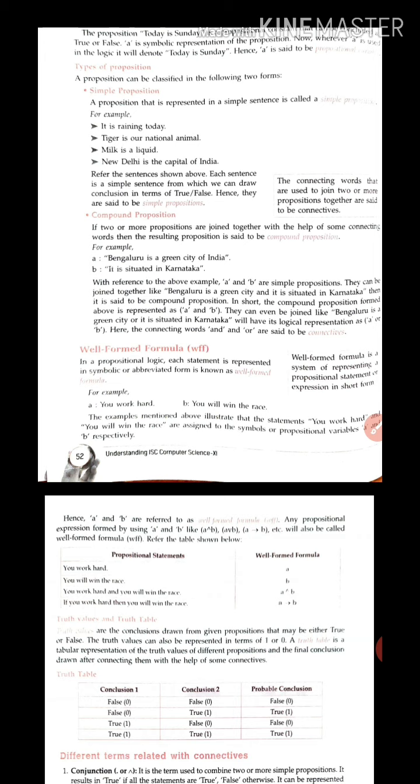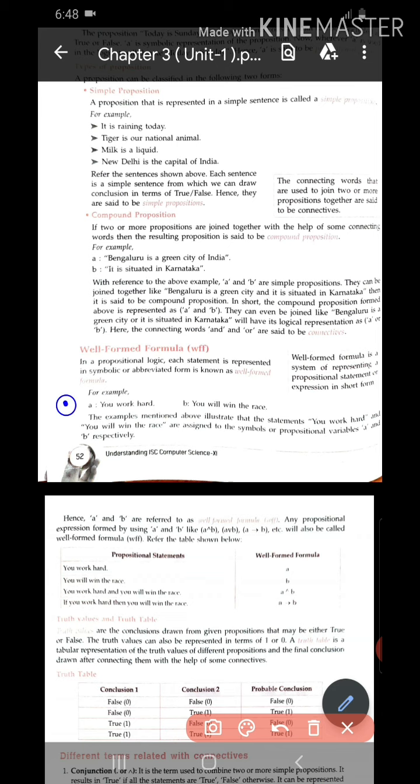If we are writing a formula for propositional logic, then that is a well-formed formula, and we can use a truth table to identify it. If we want to combine two things together with the help of some formula or symbols, then that is a well-formed formula. Another name for it is propositional logic.